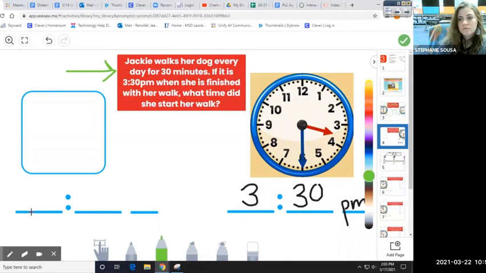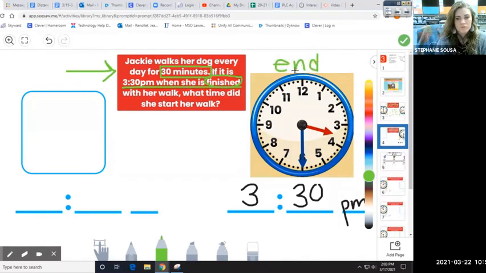When I look more closely at my problem, I see that she walks for 30 minutes. This is the time that is passing or the time that is elapsing. My problem says if it is 3:30 p.m. when she is finished, this word finished tells me this is the end.